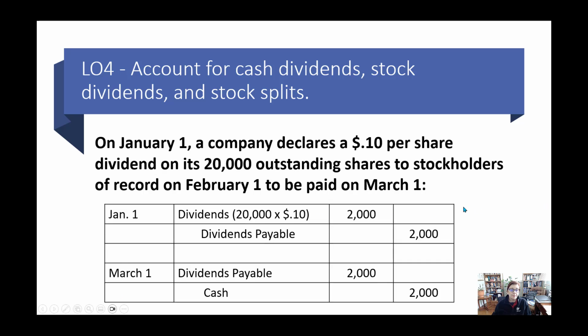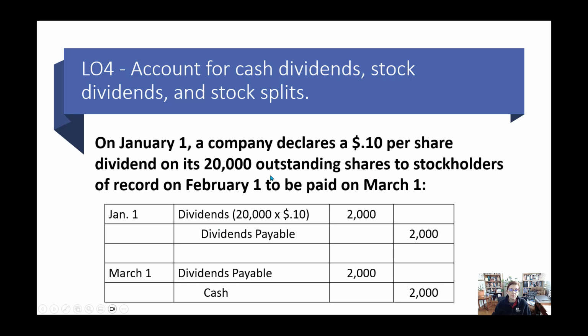Let's look at an example. So on January 1st, a company declares a 10 cents per share dividend on its 20,000 outstanding shares to stockholders of record on February 1st to be paid on March 1st. So on January 1st, that's the declaration date. The company debits dividends, credits dividends payable for the 20,000 times the 10 cents. Notice it's the number of shares outstanding.